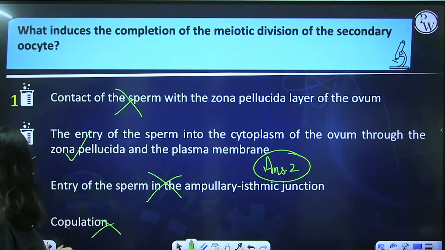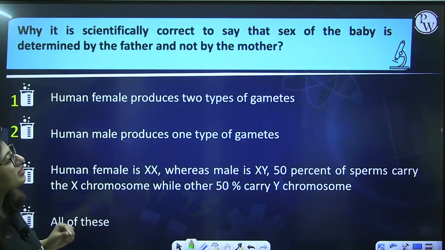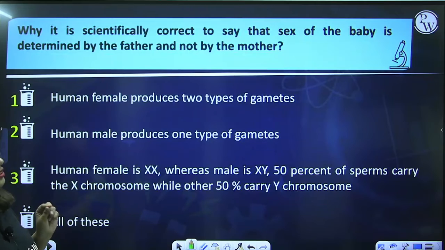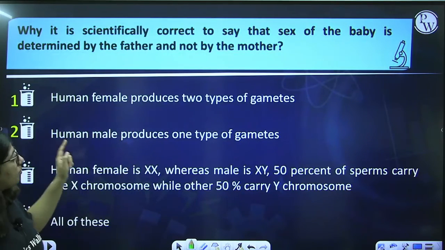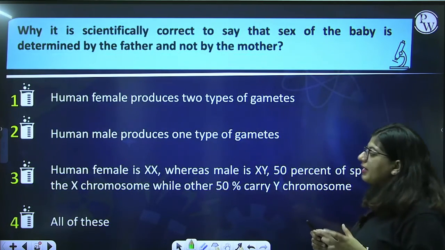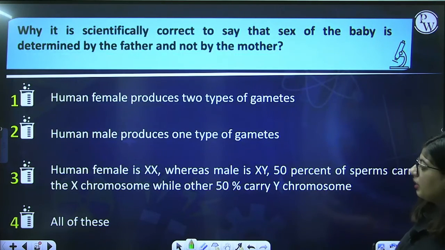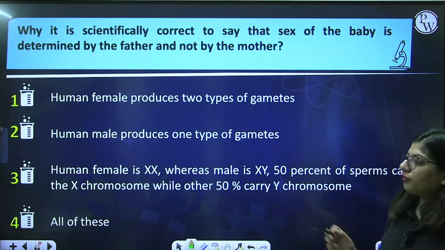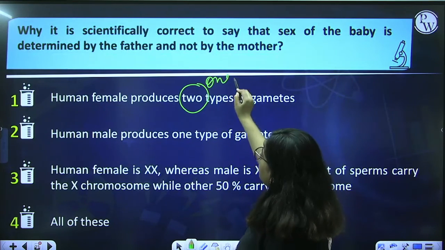Next, why is it scientifically correct to say that the sex of the baby is determined by father, not by mother? Human female produces 2 types of gamete. Human female produces 1 type of gamete. Human female is XX, male is XY, 50% of sperm carrying X chromosome, while 50% carries Y, all of these. So, female produces only 1 type of gamete, male produces 2 types.